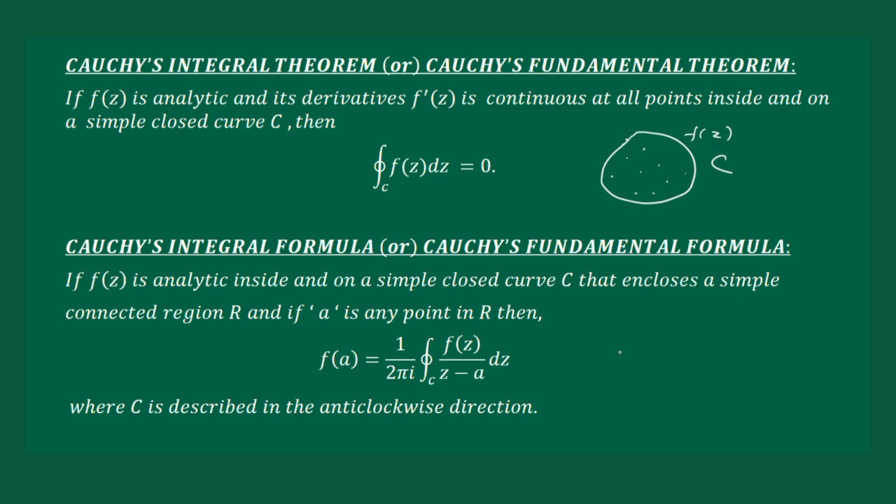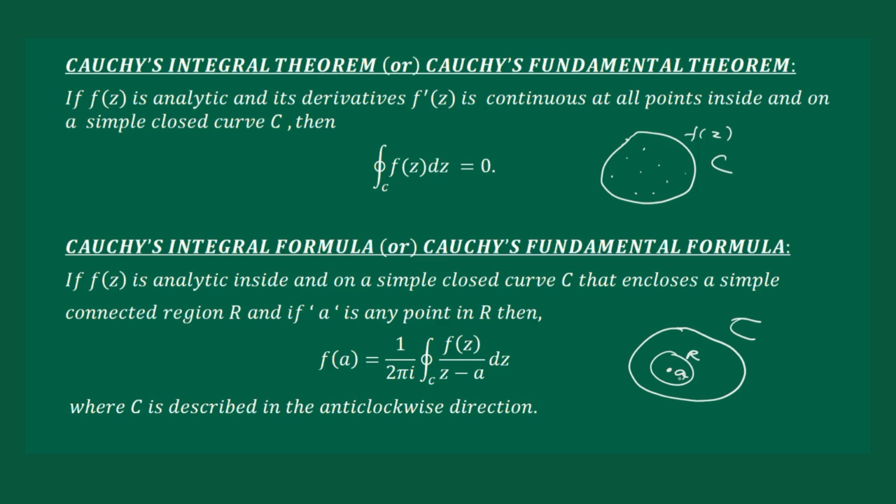It states that if f of z is analytic inside and on a simple closed curve C that encloses a simply connected region R, and if A is any point in R, that is, in the same way, you consider a simple closed curve C. At all points inside and on it, the function is analytic, and there is one region R enclosed by it. This is what is given. A is a point inside the region R.